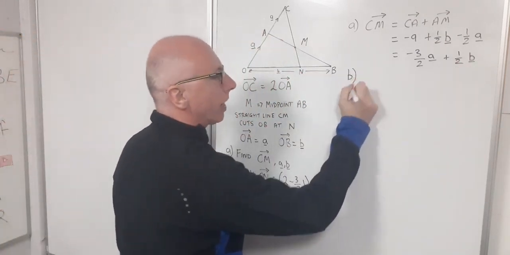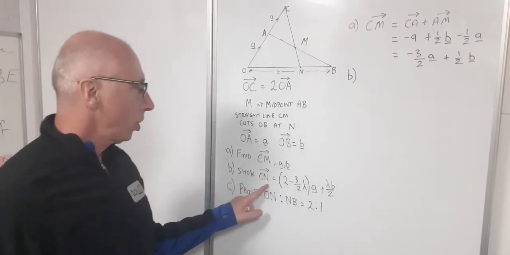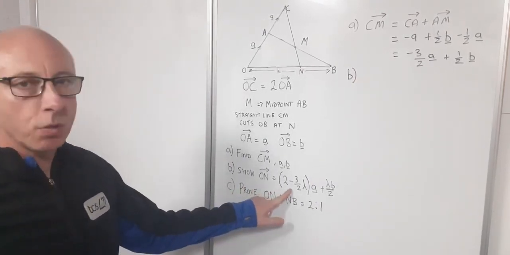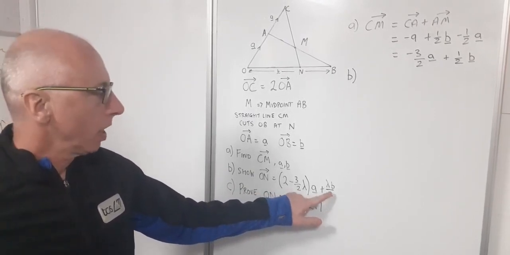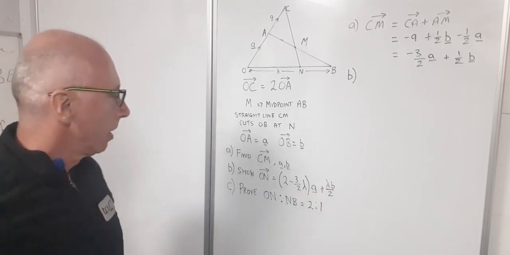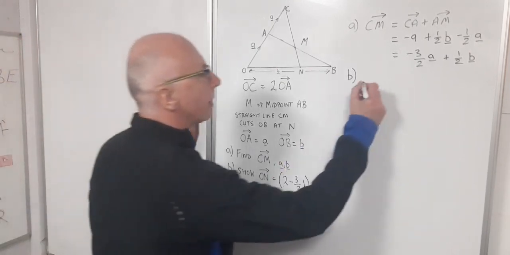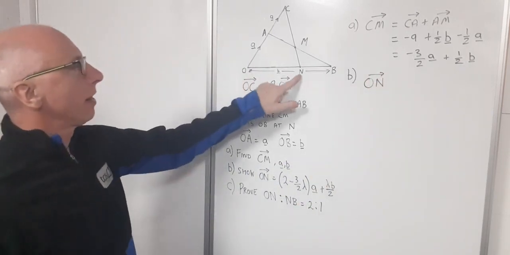Now let's have a look at part B. So part B says to show that ON equals 2 minus 3/2 lambda times the vector A plus B times lambda over 2. So it's half of that. So we need to show that. So ON. How can we calculate the vector O to N?